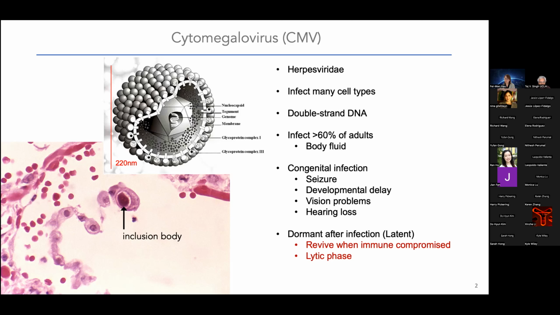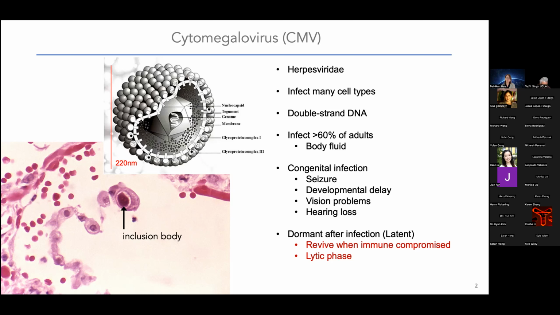When they have to take an organ from another individual, after the transplant they go through immunosuppression to avoid rejection of the organ from the other person. This is the time CMV comes into play. It takes the opportunity to attack the host immune system.